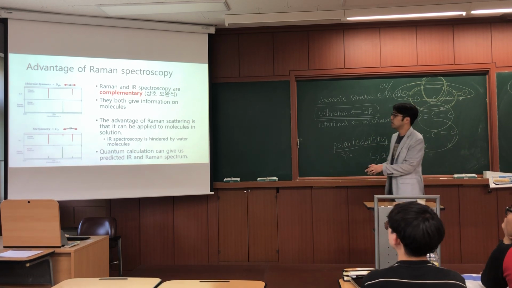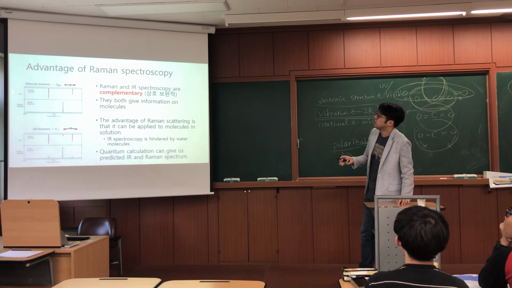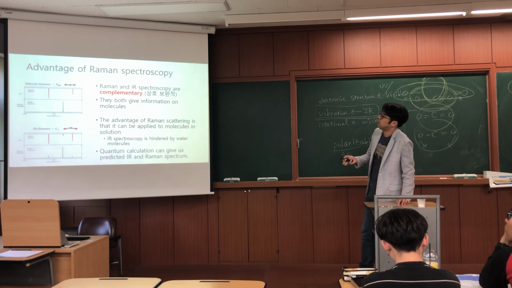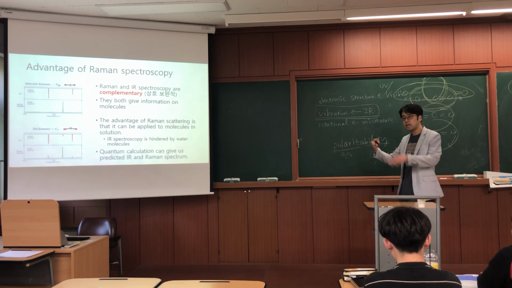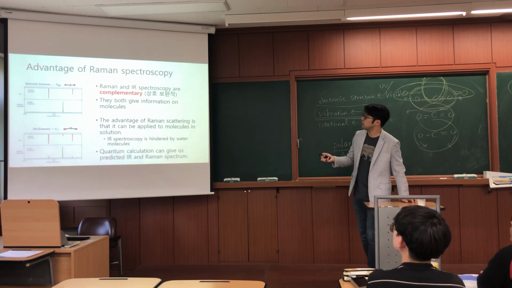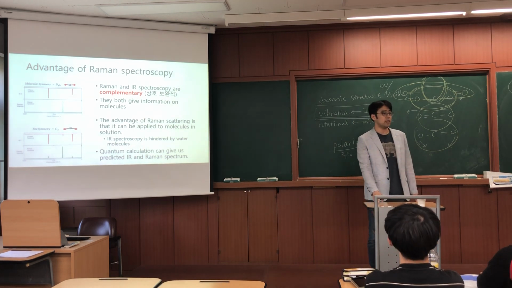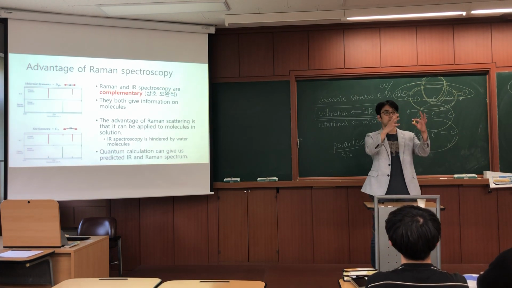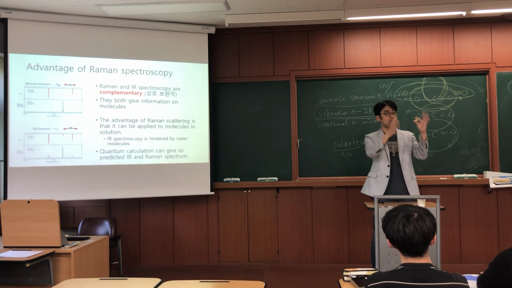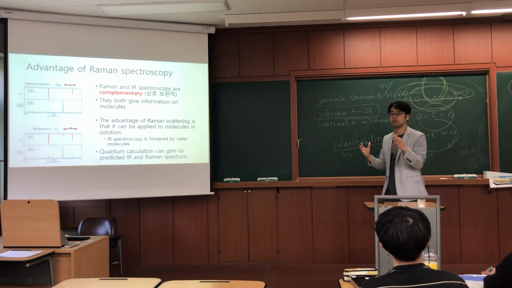So some modes can be observed with IR, but some modes can only be observed with Raman, and some modes cannot be observed with both. So they are kind of complementary. In the case of CO2, it is a very simple, easy example, but in reality we generally want to know what kind of molecules are in a sample, and we generally want to analyze complex, larger organic molecules, right?